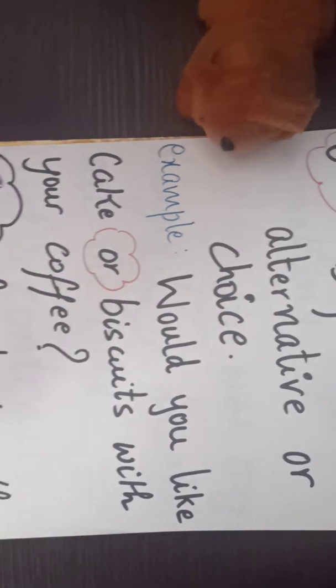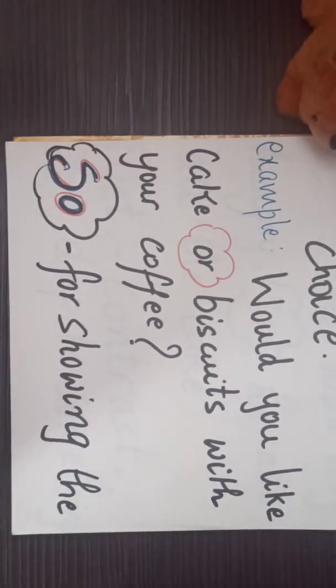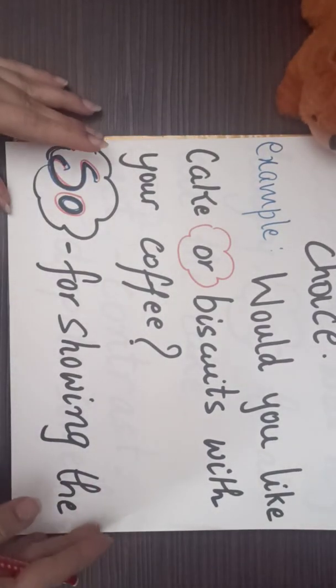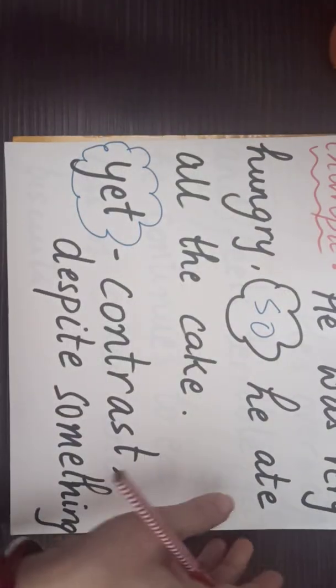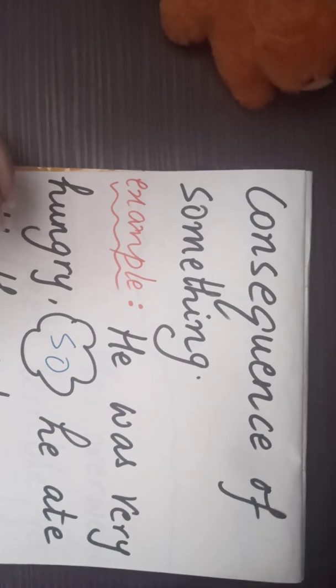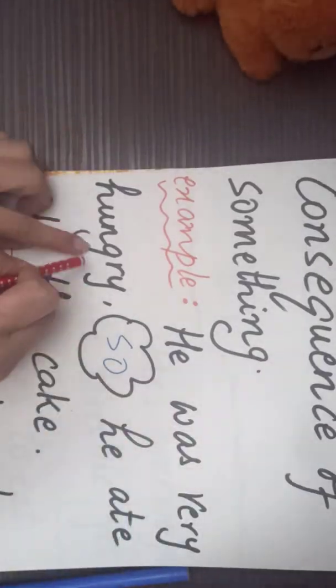The next conjunction which we will talk about is so. So means showing the consequence of something. For example, he was very hungry.